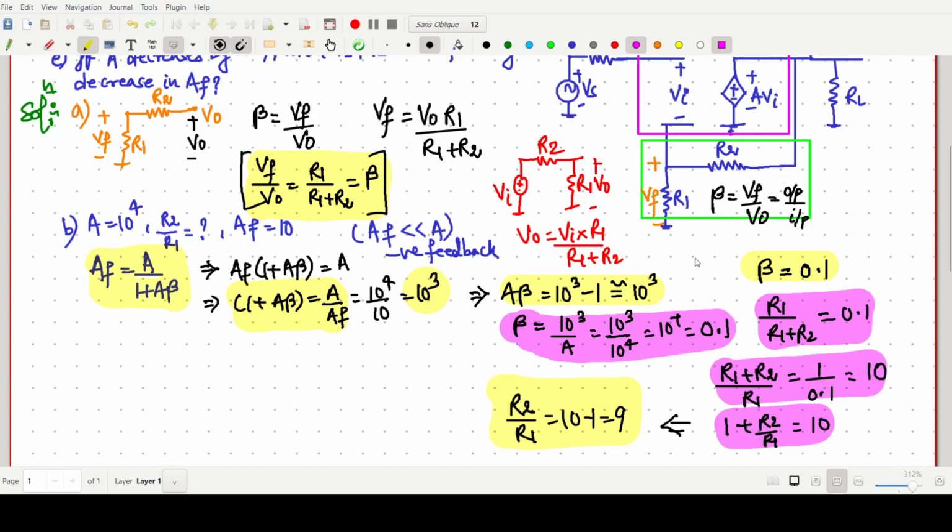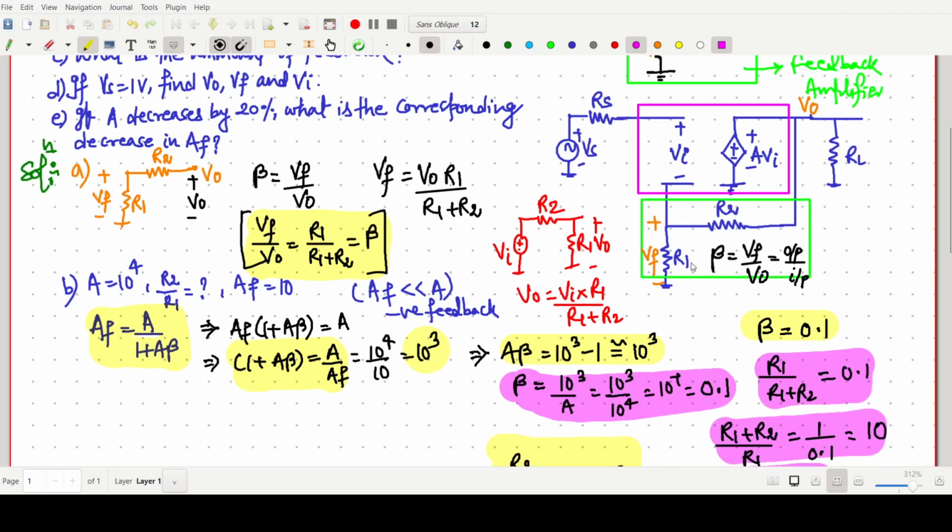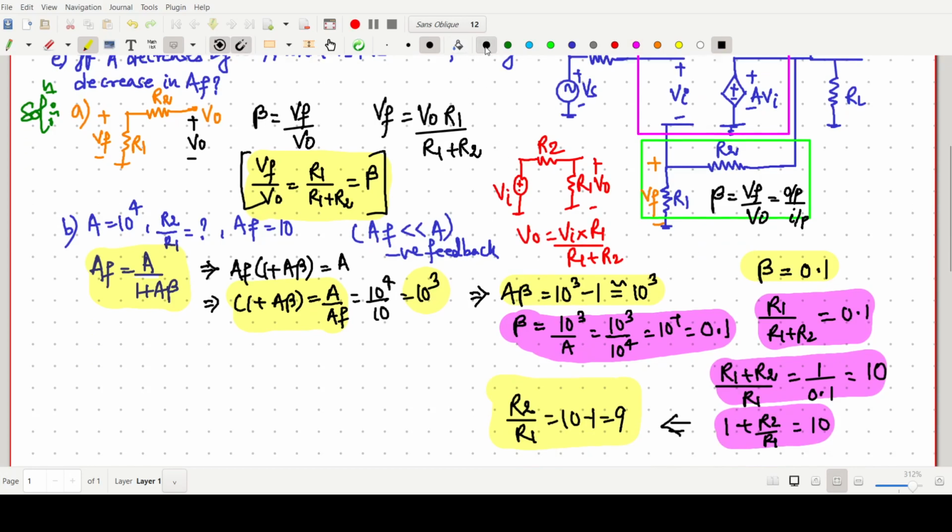Now we have to go for the third one, the C part. What is the amount of feedback? The amount of feedback is nothing but simply 1 plus A beta. So what is the amount of feedback?